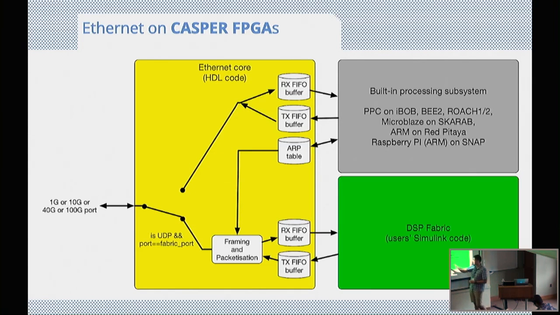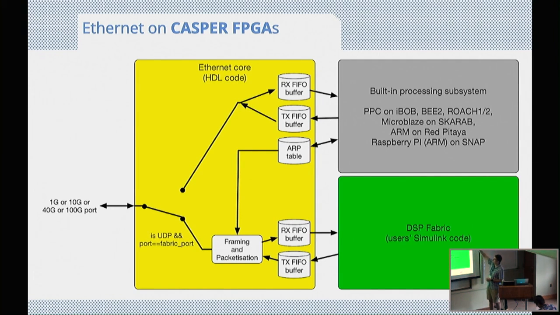If both of those things are true, the packet gets unpacked. We remove all the Ethernet and UDP headers, so you actually just get the data that you sent. If it's not true, if it's a ping packet or some IGMP report or some obscure thing that we don't understand, it sends the packet up to the processor to be processed.